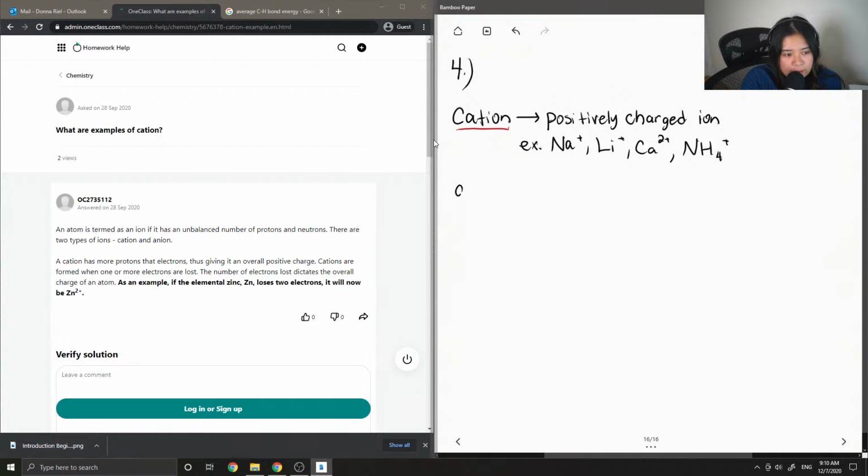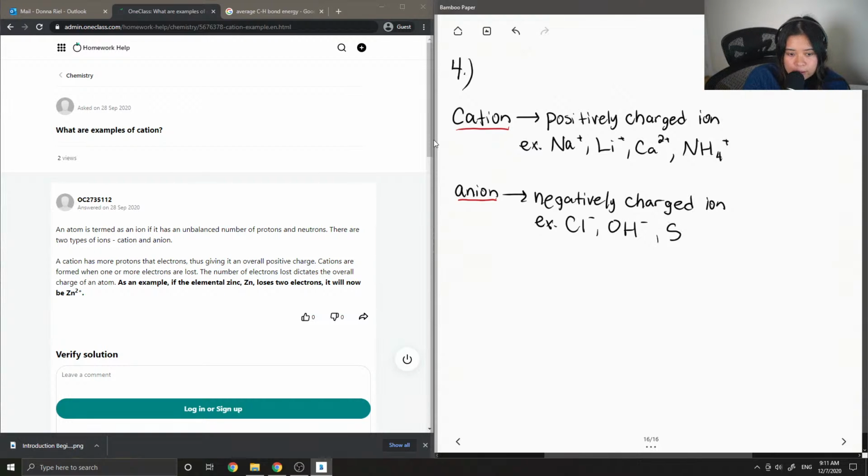Opposite of cation is an anion, which is just a negatively charged ion. So some examples of anions would be like Cl-, or OH-, or like SO4 2-, the sulfate ion.